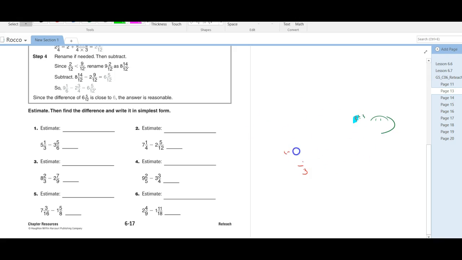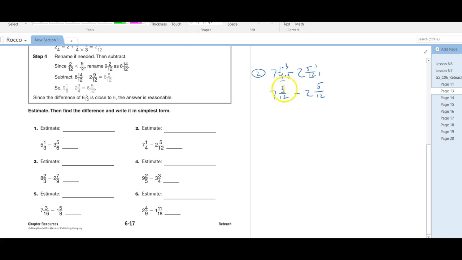And we're going to go ahead and try number 2. So number 2, we have 7 and 1/4 minus 2 and 5/12. If we find the common denominator between 4 and 12, it's going to be 12. So I have to multiply by 3, multiply by 3, multiply by 1, multiply by 1, that's 5.